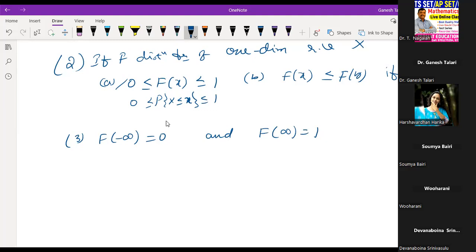What does it mean? Limit x tends to minus infinity F of x is equal to 0. And limit x tends to infinity F of x is equal to 1. Okay.